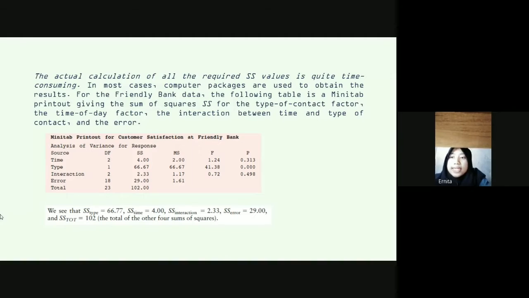We see that SS type equals 66.77, SS time equals 4.00, SS interaction equals 2.33, SS error equals 29.00, and SS total equals 102, the total of the other four sums of squares.